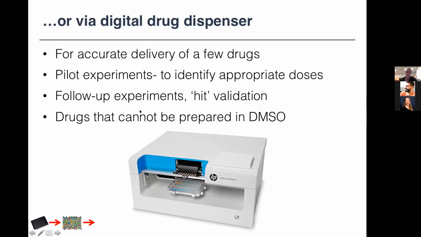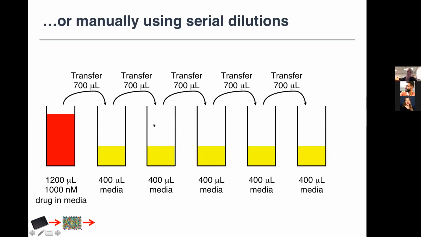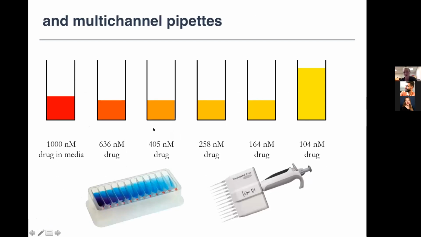Oh, and that's actually the point I meant to make here, is that drugs that can't be pinned because they're in aqueous solutions can be dispensed with the D300. Or if you're limited in access to these technologies, a good old-fashioned manual serial dilution can give you good dose coverage over many ranges, and if done carefully and thoroughly, I guess, with a multi-channel pipette, can also yield very good dose response data.